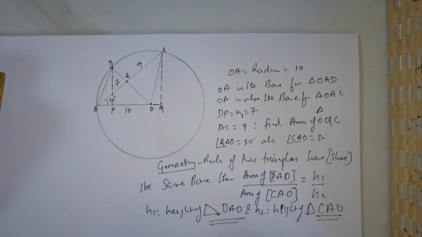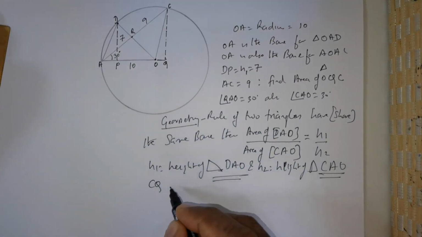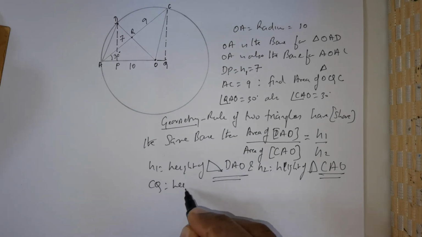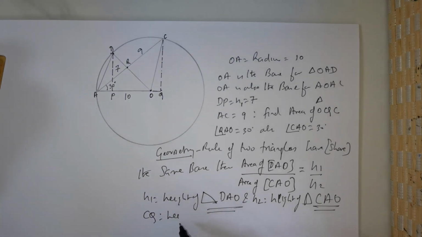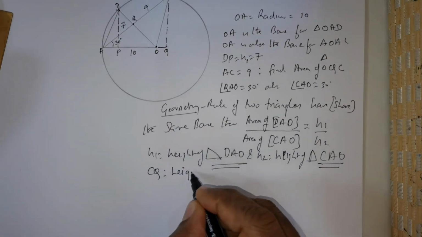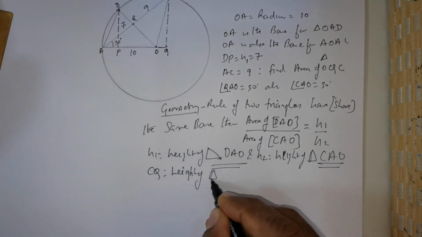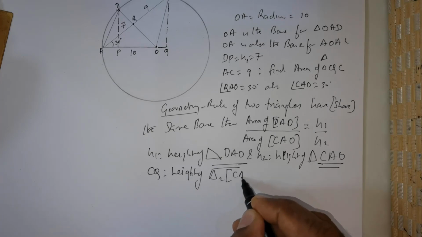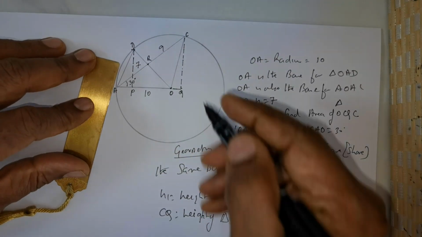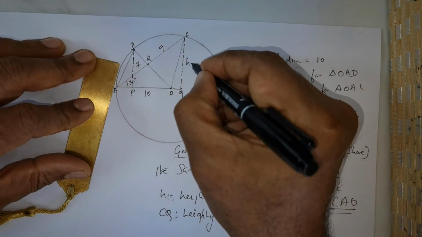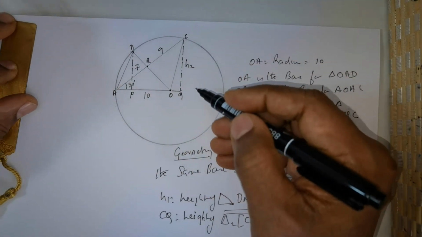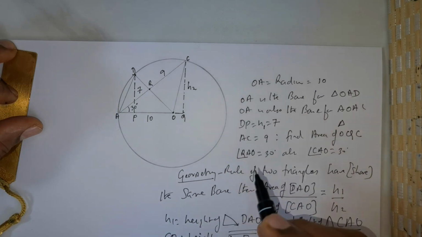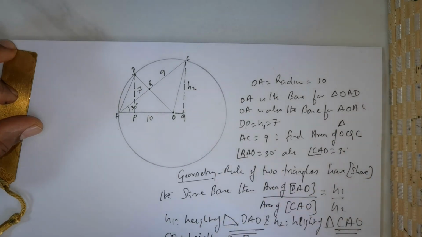Now CQ, what is CQ? CQ is the height of triangle 2, in this case CAO. So this is going to be my H2. I don't know this H2. I have to find this H2. Now what are the things that I need to get?